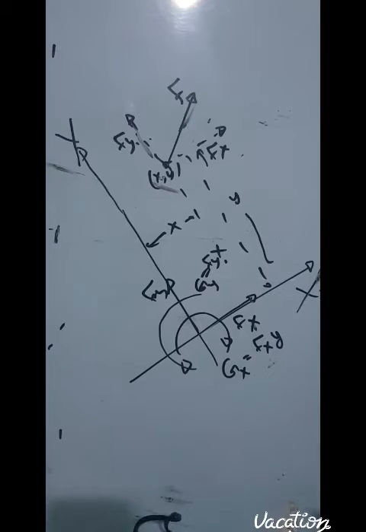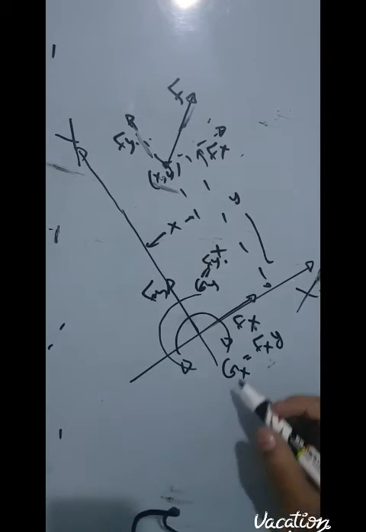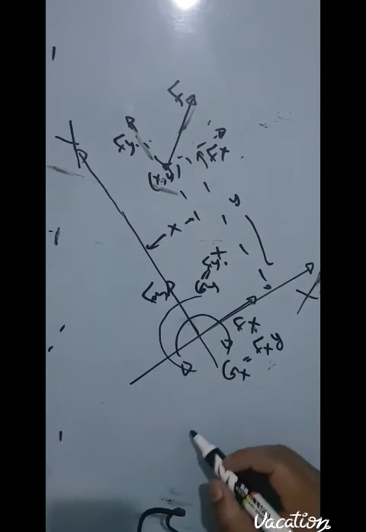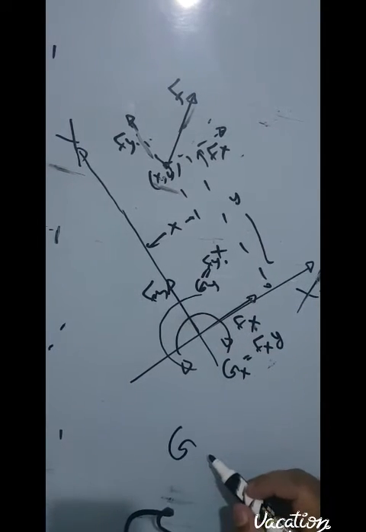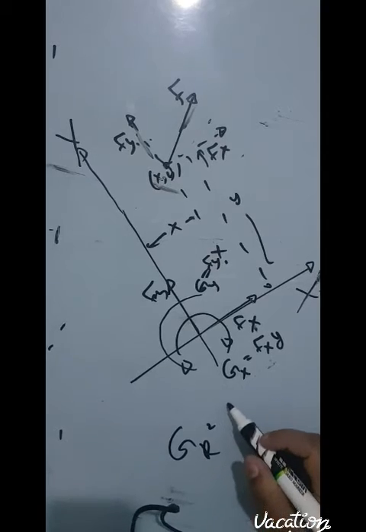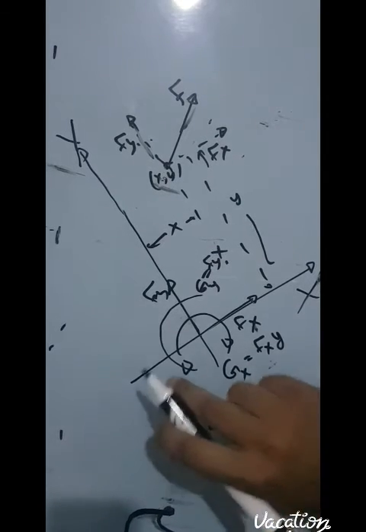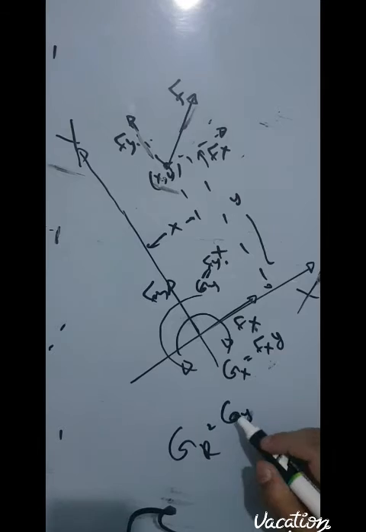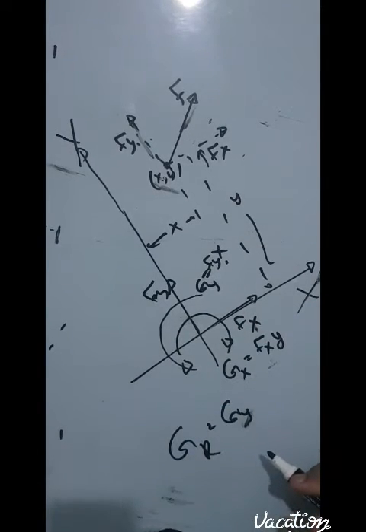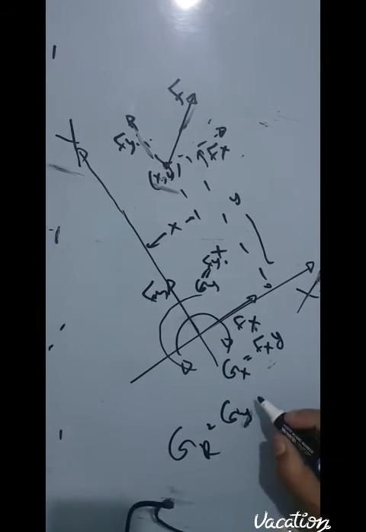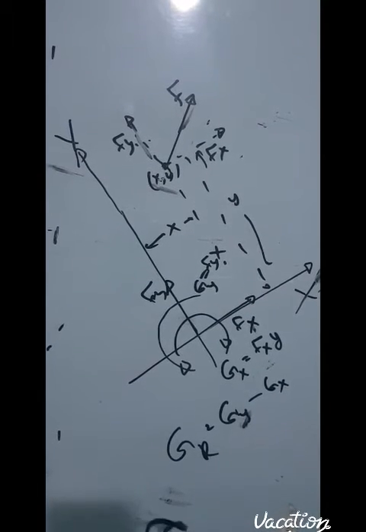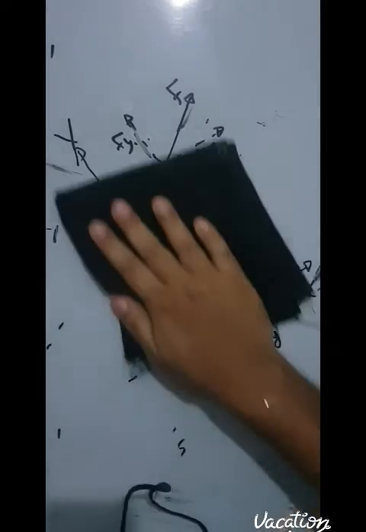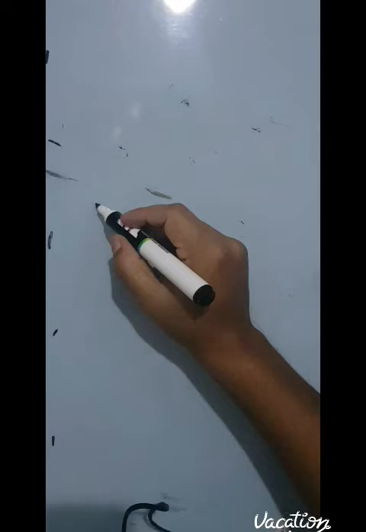So we dealt with the moments, we can sum these two couples as well and get a resultant couple, which is Gy, since anticlockwise direction couples are taken as positive, minus Gx, right? So finally we are left with this Cartesian system.